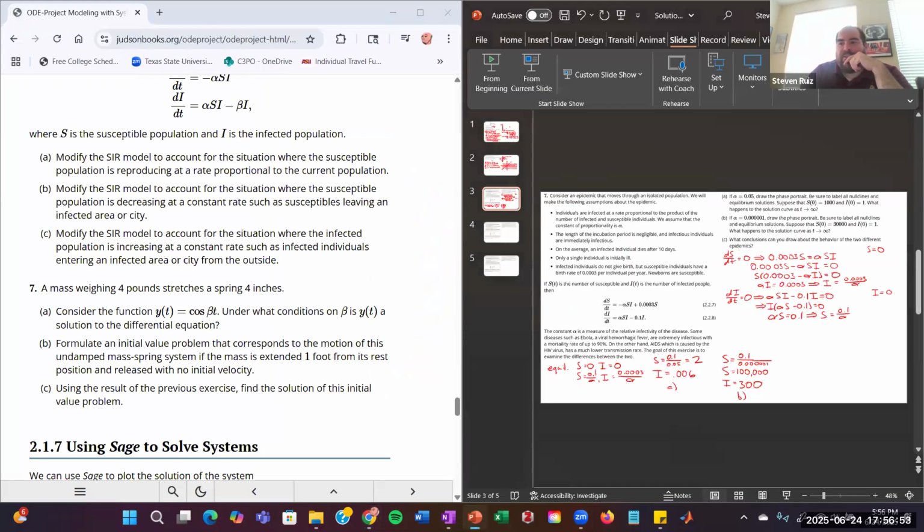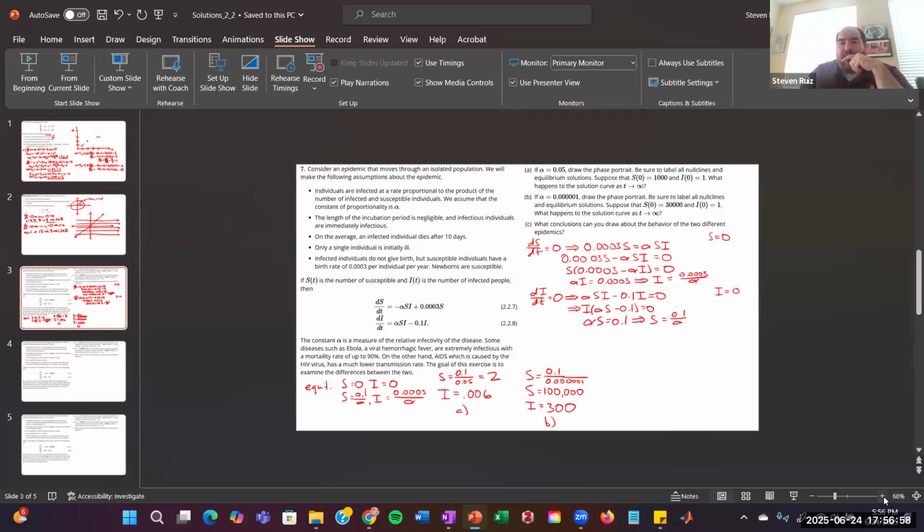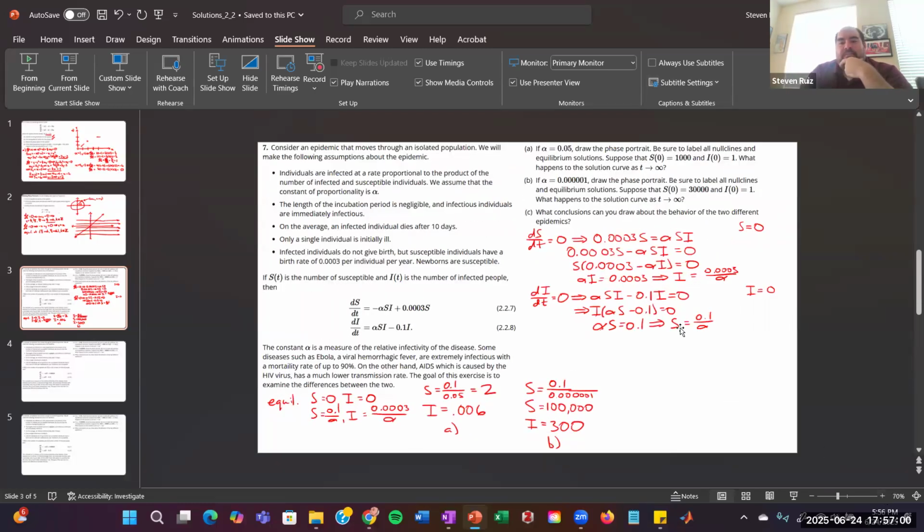I believe in both of these cases, the last question we've got to answer is this: what's going to happen as time goes to infinity? I believe that with no intervention, both populations are going to be eradicated.